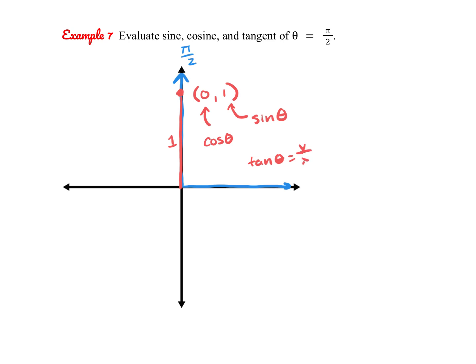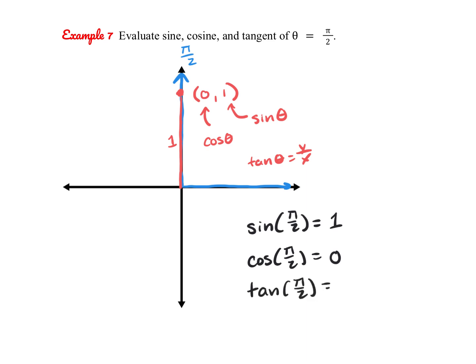So that means that the sine of pi over 2 is 1. The cosine of pi over 2 is 0. And the tangent of pi over 2, if I do y over x, I have 1 divided by 0, which is undefined.